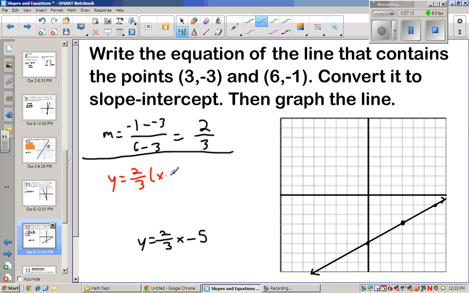We'll use this one, y minus -3 equals 2/3 times x minus 3. Now I multiply over the parentheses. So that would be 2/3 x. 2/3 times 3 would be 2 times 3, which is 6, divided by 3, which is minus 2. And then I just simplify this right-hand side to be 5. Regardless, that is our answer.